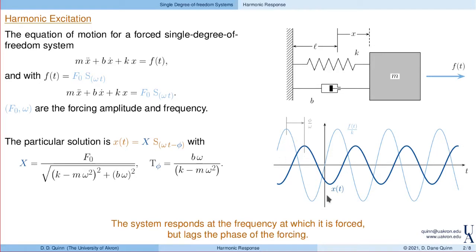If this light blue line represents the forcing, described as F over k, so it has units of displacement, then the response lags that forcing, right? It's shifted in phase and at a different amplitude, but it still responds with exactly the same frequency at which it was forced. So the forcing is amplitude F naught, frequency omega, and the response is amplitude X and the same frequency, omega, with the addition of this phase shift.